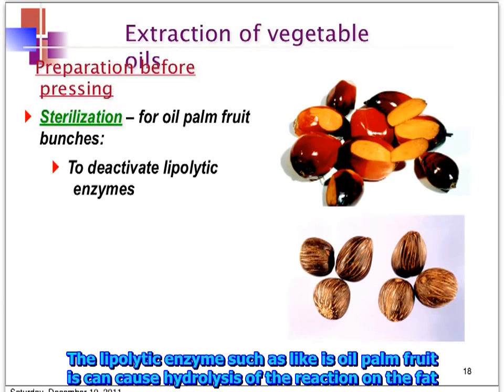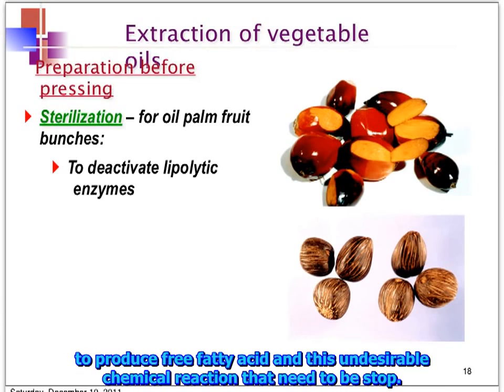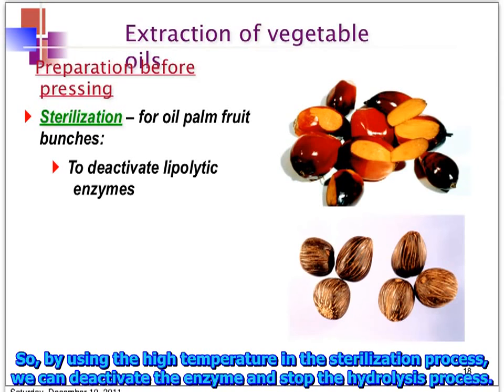The lipolytic enzymes such as lipase in the oil palm fruits can cause hydrolysis of the triglycerides, or the fat, to produce free fatty acid, and this is an undesirable chemical reaction that needs to be stopped. By using high temperature in the sterilization process, we can deactivate the enzyme and stop the hydrolysis process.